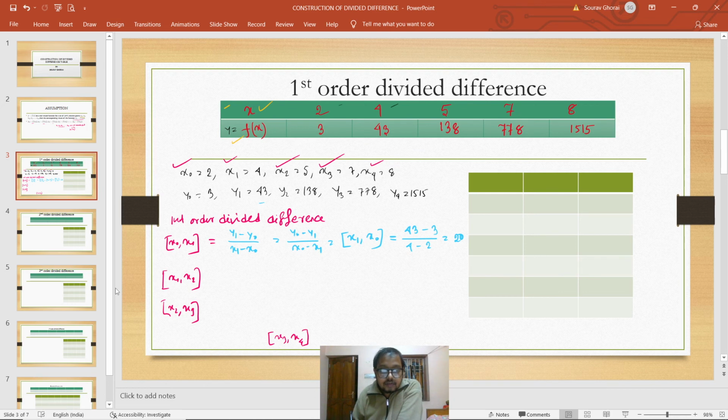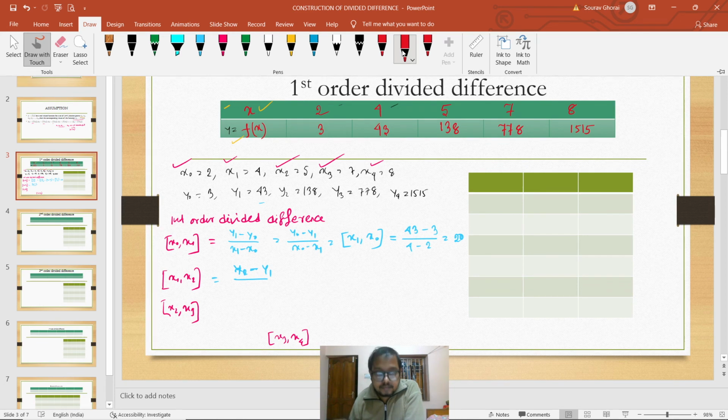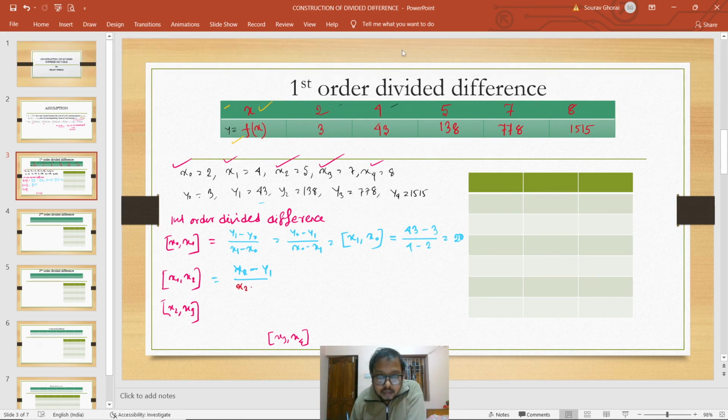Similarly, we have to find [x1, x2], which is (y2 - y1)/(x2 - x1). The value of y2 is 138, so 138 minus 43 divided by 5 minus 4, and if you simplify, we get 95.